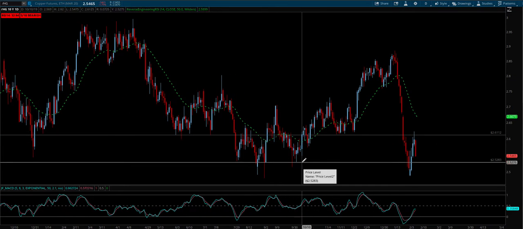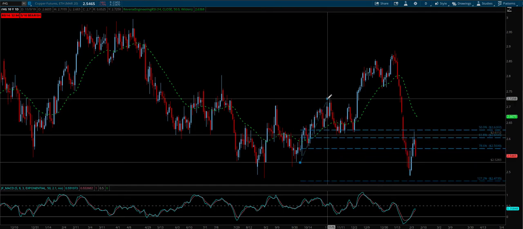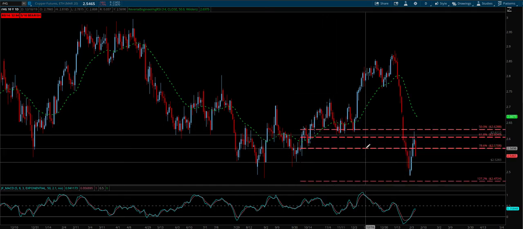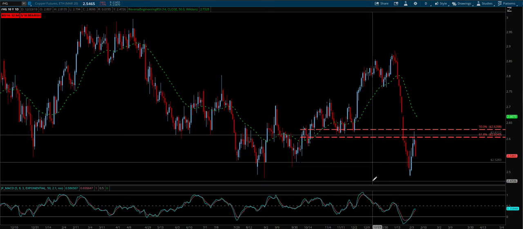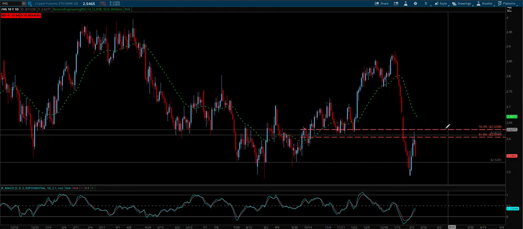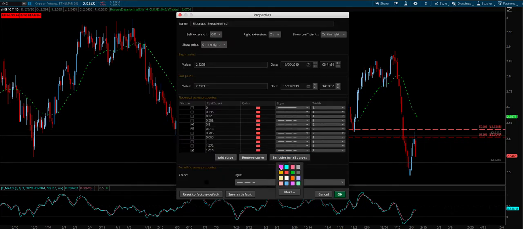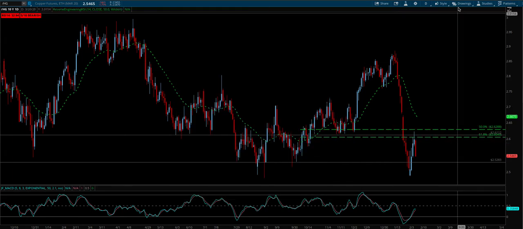All right, so we go from here. We get this swing low to this swing high. And here you go. Now, obviously, this is a reversal zone for up, right? So this is going to be green. I like to keep my colors coordinated.